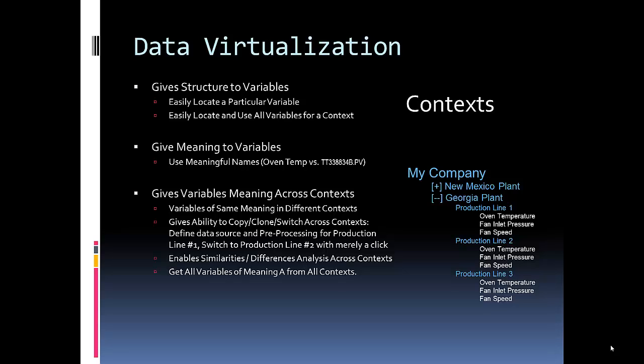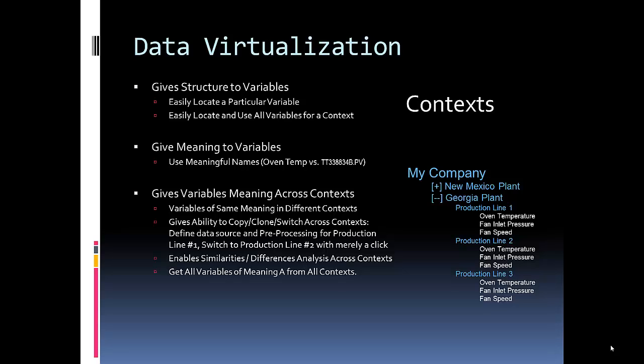The best way to describe it is according to the tree on the right-hand side, where it says my company. And my company might have 2 manufacturing plants, one in New Mexico and one in Georgia. And in the Georgia plant, there's 3 production lines. Those are all contexts. And variables such as oven temperature, fan inlet pressure, and fan speed could be put into the context of production line 1.